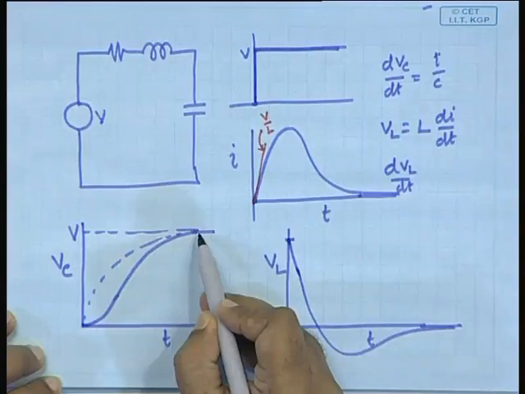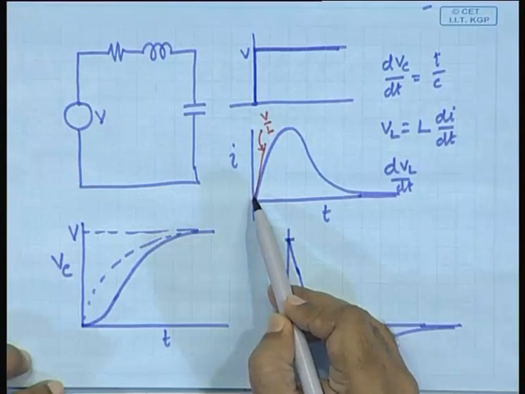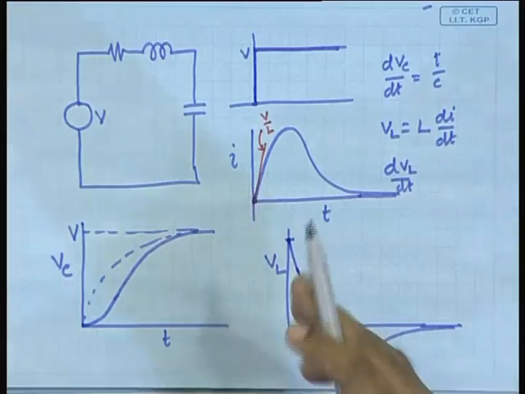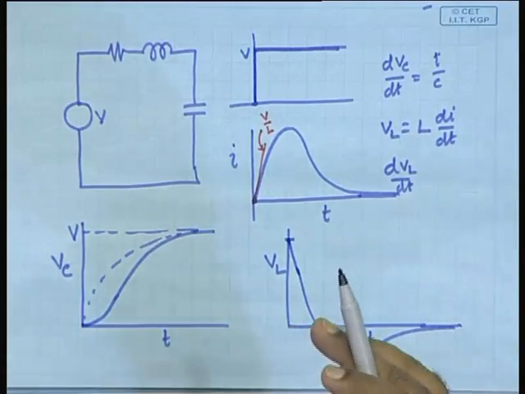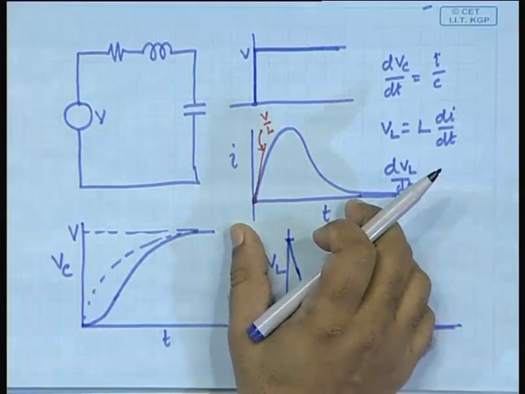But now, notice this and let you try to argue out what will be the time constant or the concept of time constant in this case. Notice here it is rising like this, here it is rising like this. This is actually a combination of exponential functions, not only two time constants.